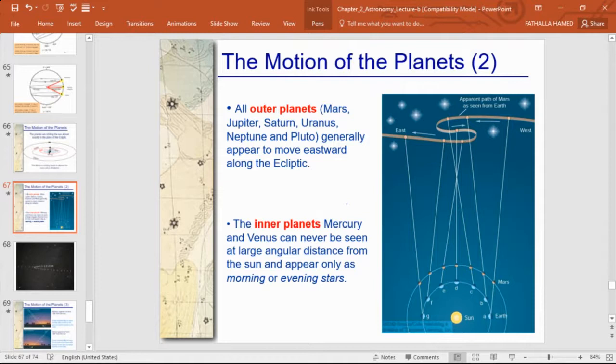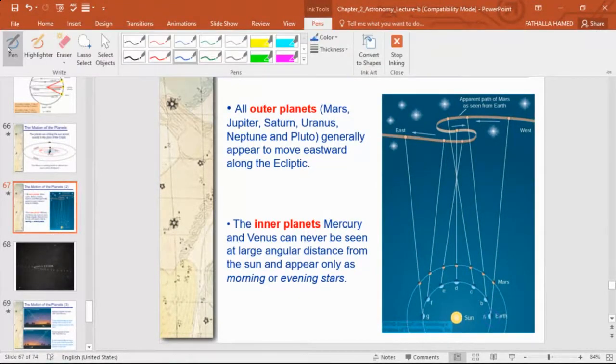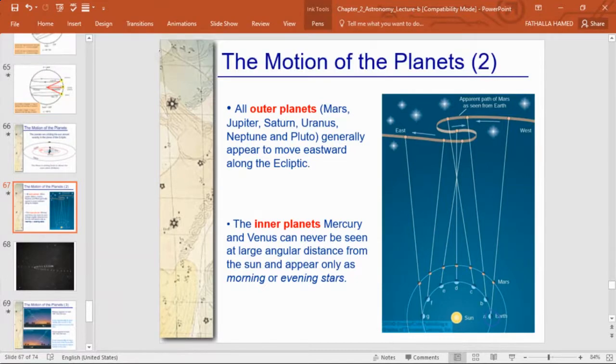So for example, we're going to look at the Earth here as it orbits the sun. And we're going to look at Mars as it orbits the sun. Now, we look at a situation where Mars is ahead of the Earth. But the Earth is actually revolving faster around the sun than Mars.